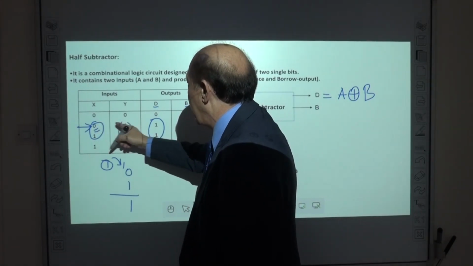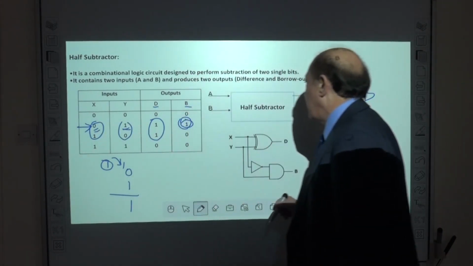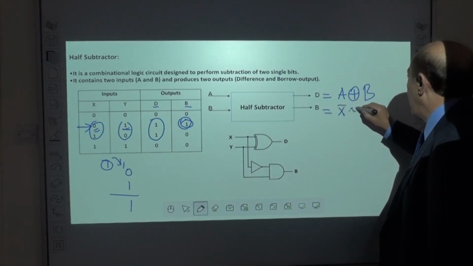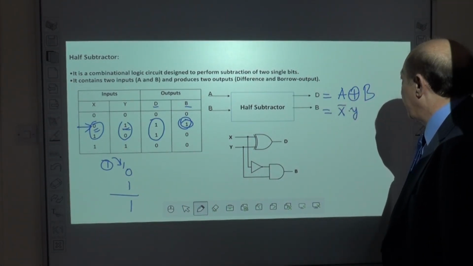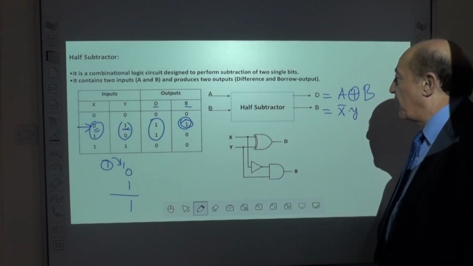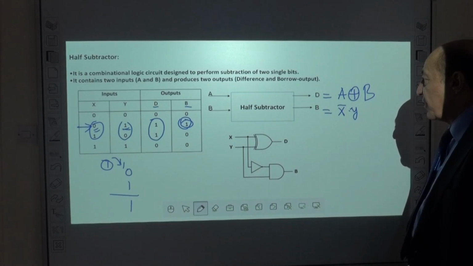This is the only case we need a borrow, so it is equal to not x and y. This is the logic circuit for the half subtractor.